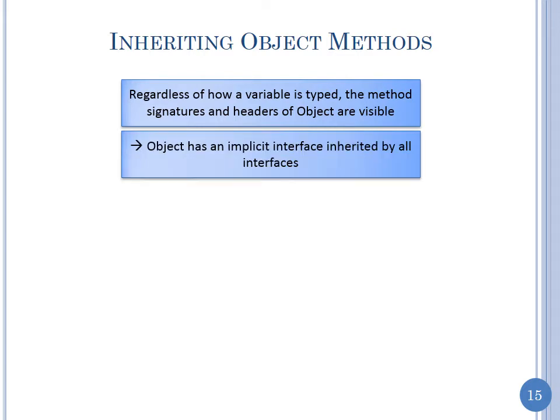So Object has an implicit interface essentially that is inherited by all interfaces. It doesn't have an explicit interface. I wish they had created an interface for Object, but Gosling didn't. The way the implementation goes, essentially there is an implicit interface. There is some special casing in Java that allows that to happen.